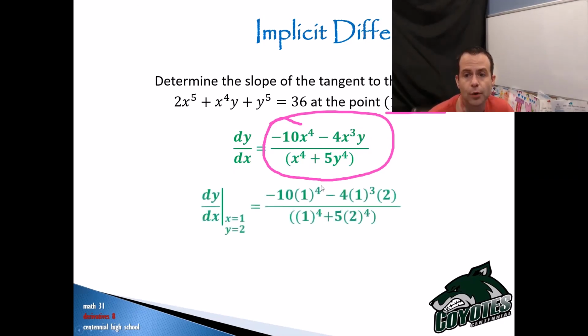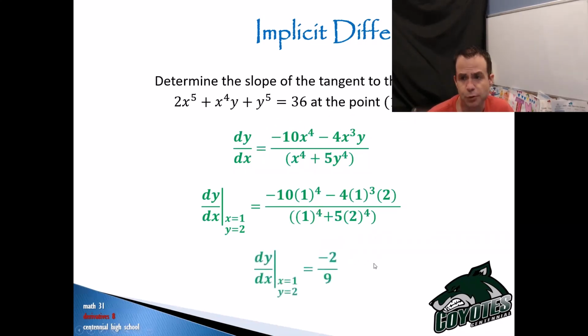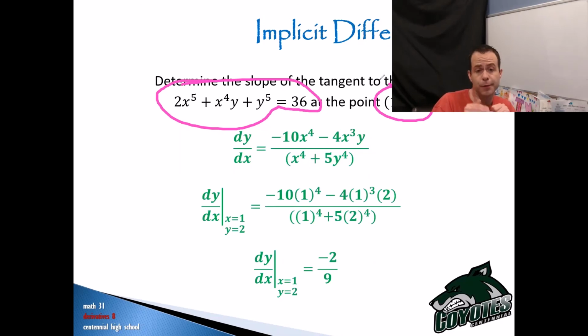Take note of my writing here: it's the derivative of y when x is 1 and y is 2. When I do that, it becomes negative 2 over 9. So the slope of the tangent line for this equation at the point 1 comma 2 is negative 2 over 9.